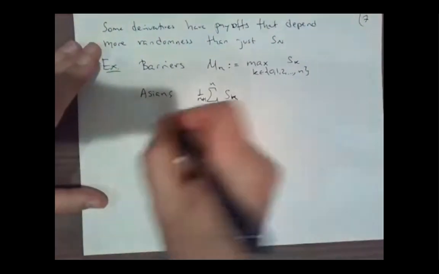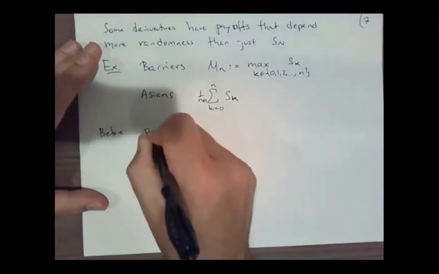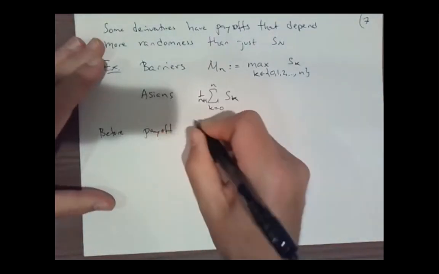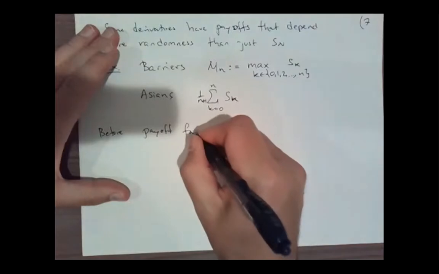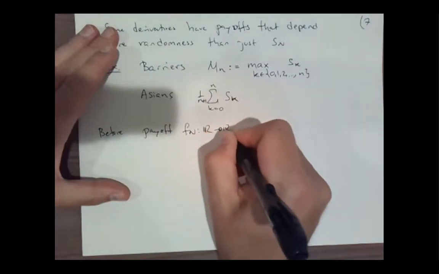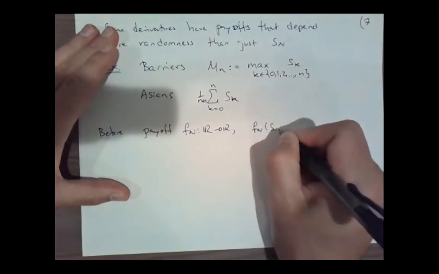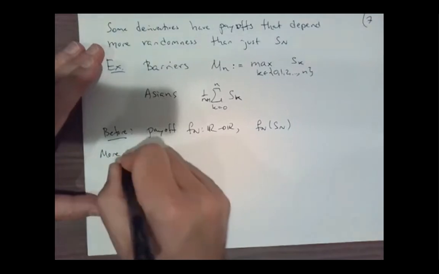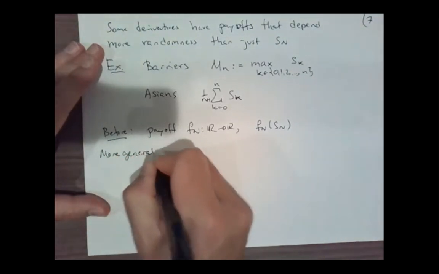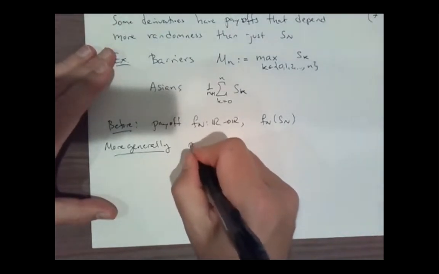Okay, and then you get payoffs. So before you'll have a payoff, which will be this Fn that would go from R to R, and the payoff would be Fn composed with Sn. So more general, it could be a payoff.